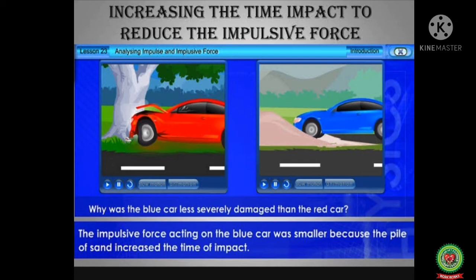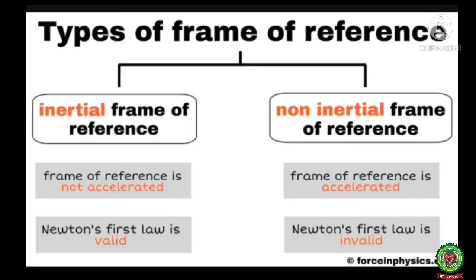The condition for a force to be called as impulsive force is that it varies with time and acts only for a short time and must be much greater than any other force. Children, I hope you have got some idea about the terms which we have done.